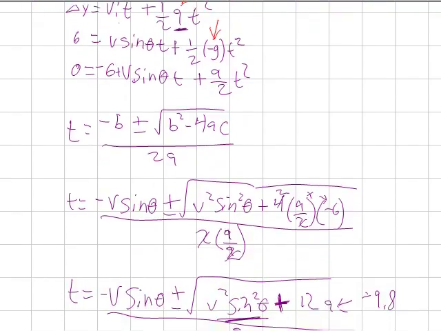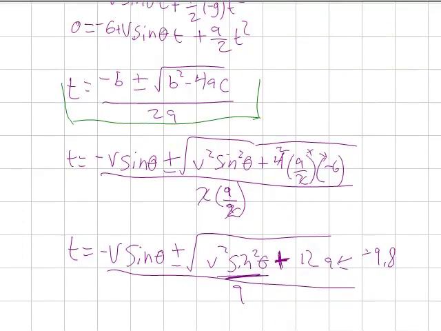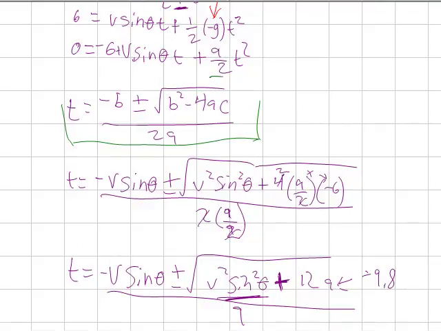We set 6 equals velocity sine of theta times time plus 1/2 negative gravity times time squared, and then we set it equal to 0 so we can use the quadratic formula, which is this right here. So this will be our A, this will be our B, and this will be our C.